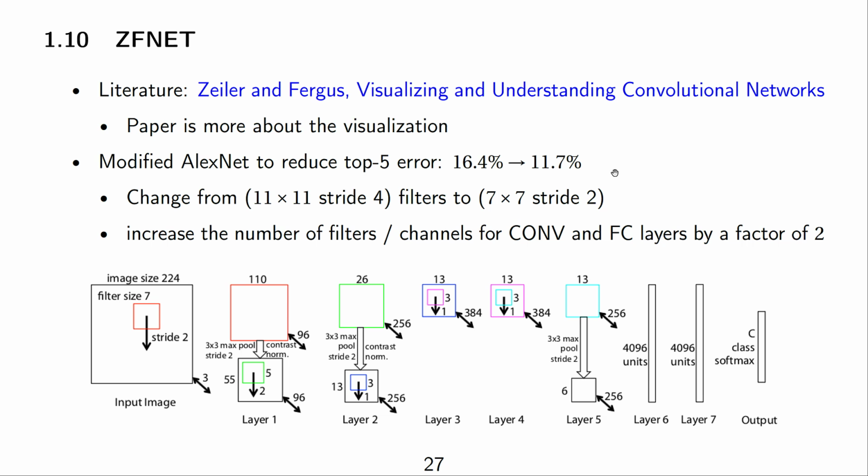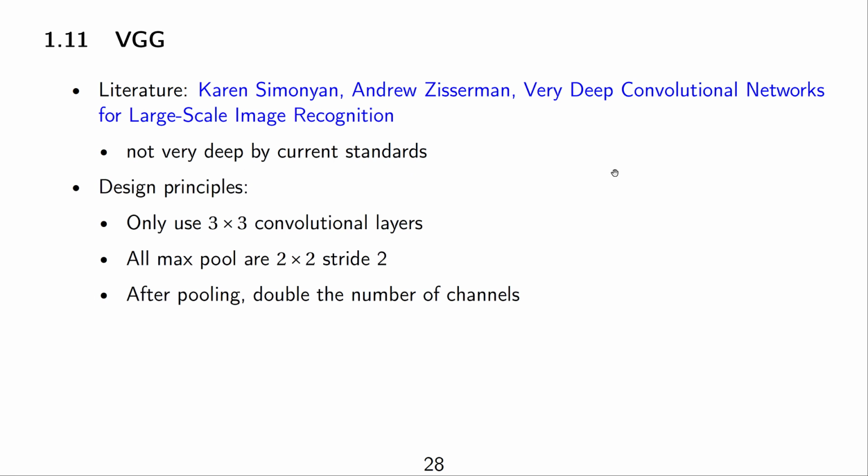Now, next year, 2014, there were 2 engineering feats that are very important. One was kind of a mini team from a research group, and another one was a large engineering team from a company. So the VGG network was proposed by Simonyan and Zisserman.